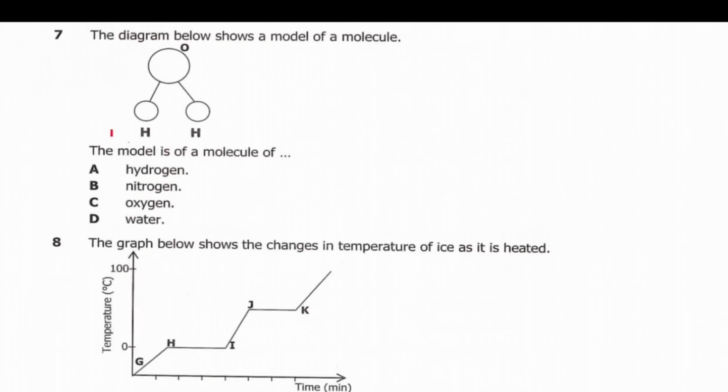Then 7 reads, the diagram below shows a model of a molecule. So this is a model of a molecule with this part representing O bonded to this one representing H, and this one also H. So we have 2 H and 1 O. The model is of a molecule of, the answer here should be D, water.